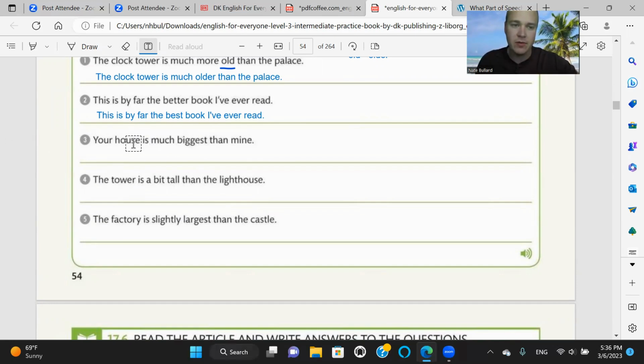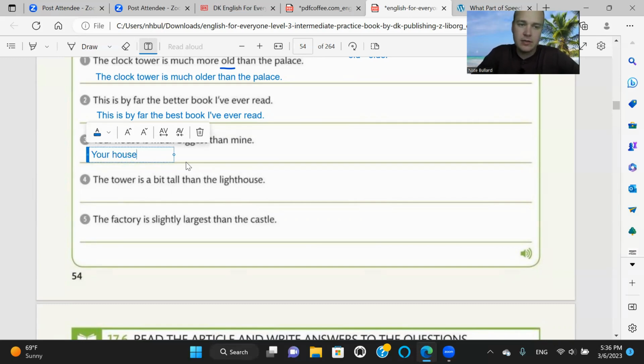Pero estamos comparando dos casas, tu casa y mi casa. Your house is much bigger than mine. Así debe ser.